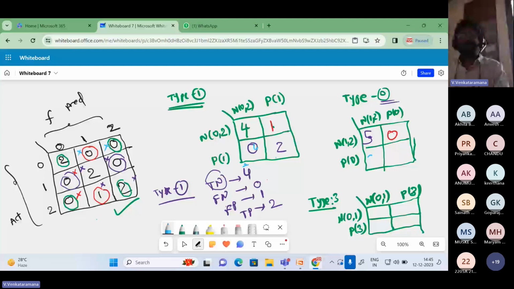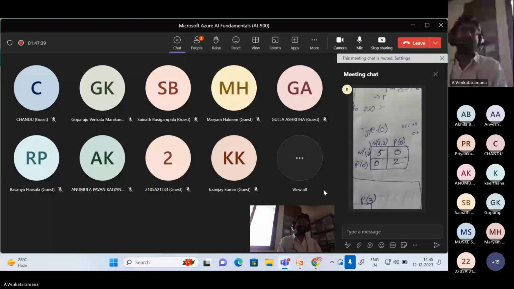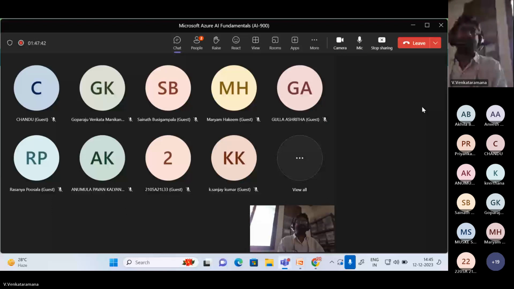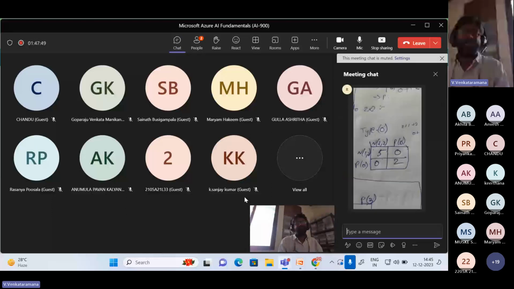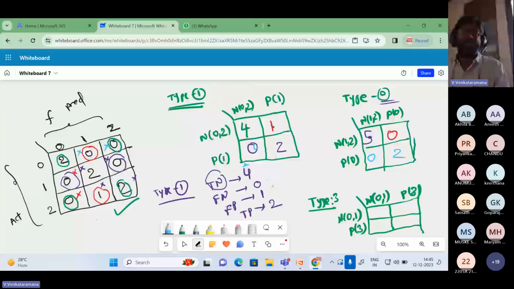Now tell me type 3. Anyone please? Type 3. I will share here. Negative, negative, how many? Negative, positive, positive, negative, like that.